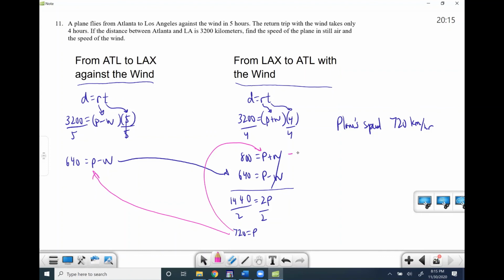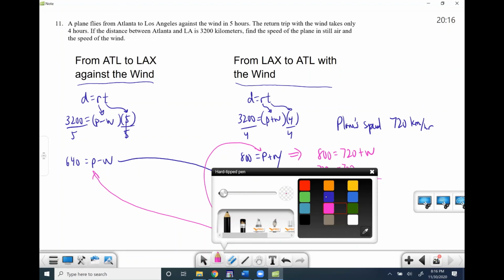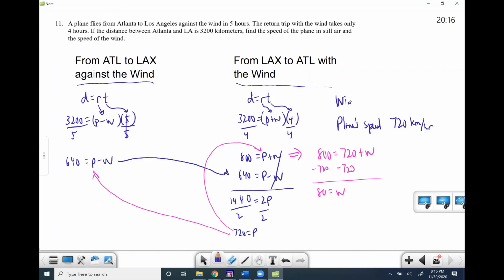I like that one better because the W is positive. So when you plug the 720 in, you only have one step. Take away 720, and now you have that the wind was 80 kilometers per hour. There we go. And there we go.